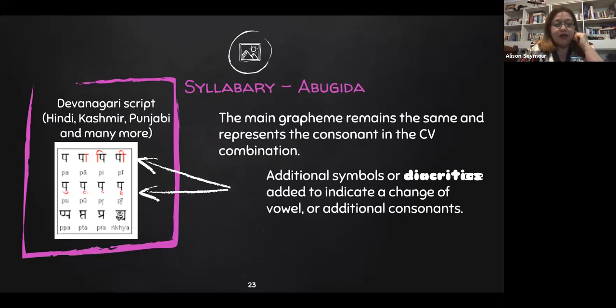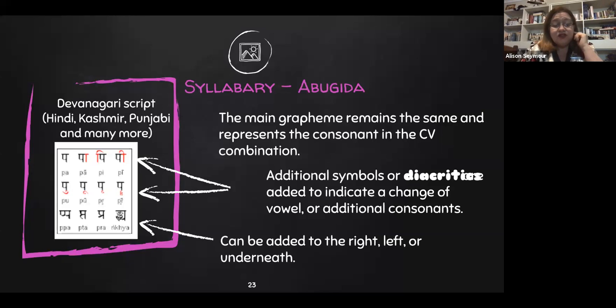So you can see from pa to pa, from p to p, and also the addition of consonants on the bottom line there. And you can also see that those diacritics can be added to the right or to the left or underneath or on the top. So directionality of the consonants is quite different as well.